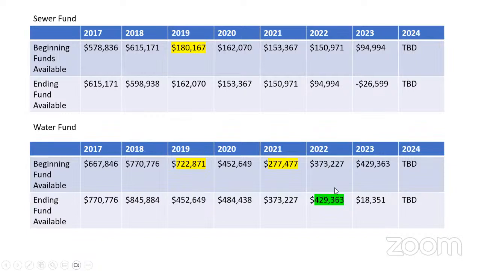And so just recently, when I was talking with the accountant, she informed me as we looked back through our 2022 audit, our ending fund balance for the water fund was actually 429,000 in 2022.